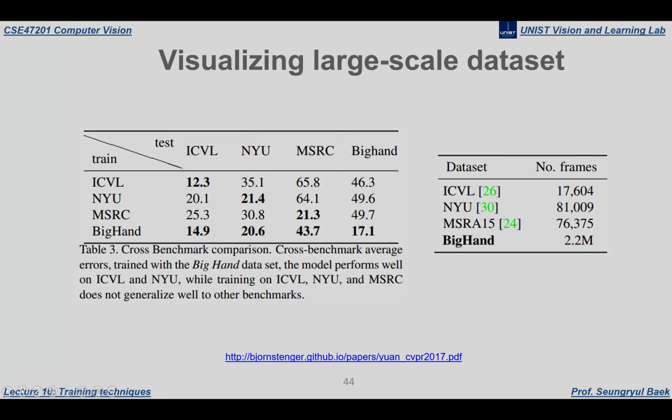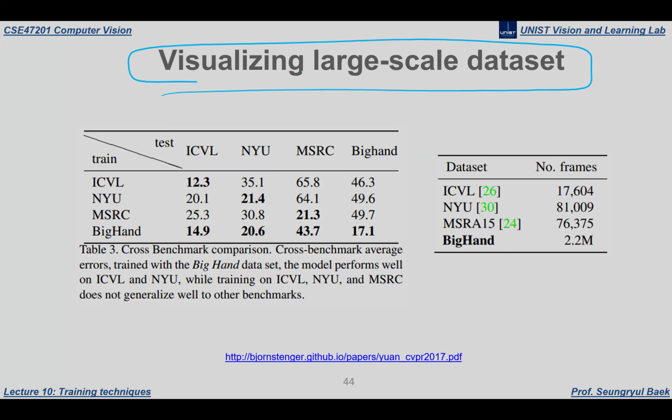The other topic is the many applications in computer vision. Application wise, there are many large scale data sets already available. For example, this is the pose estimation domain that our lab is actively conducting. This is just an example.